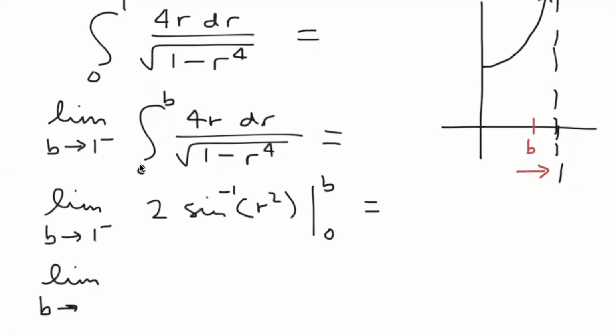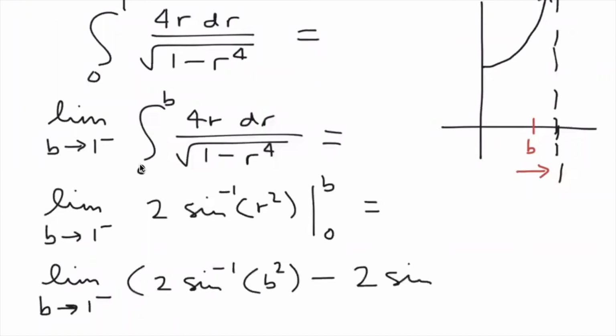Which gives us the limit as b approaches 1 from the left of 2 inverse sine of b squared minus 2 inverse sine of 0. As b approaches 1 from the left, b squared also approaches 1 from the left.